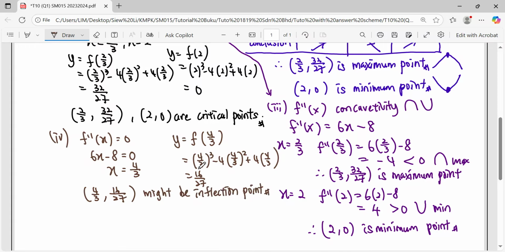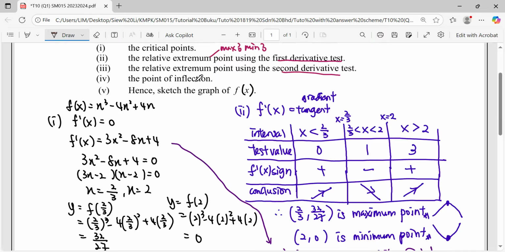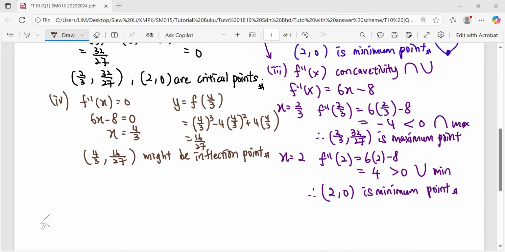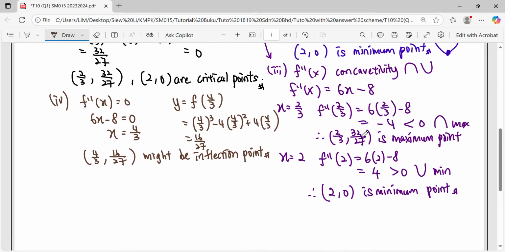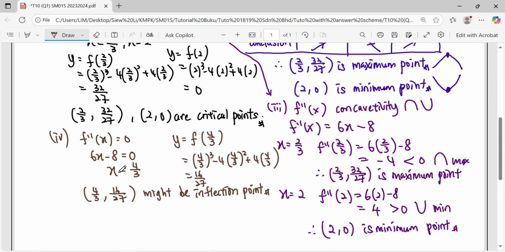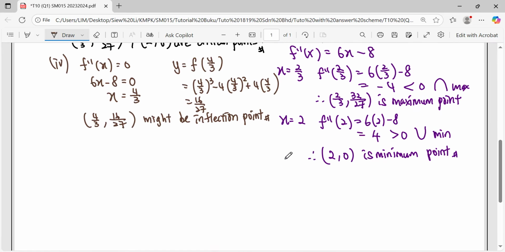To confirm that it is an inflection point, we still need to undergo a test. The test we normally do for an inflection point is the second derivative test, but we do not substitute this value. In the second derivative test, we do a table, seeing whether before the point and after the point there is a change of concavity.